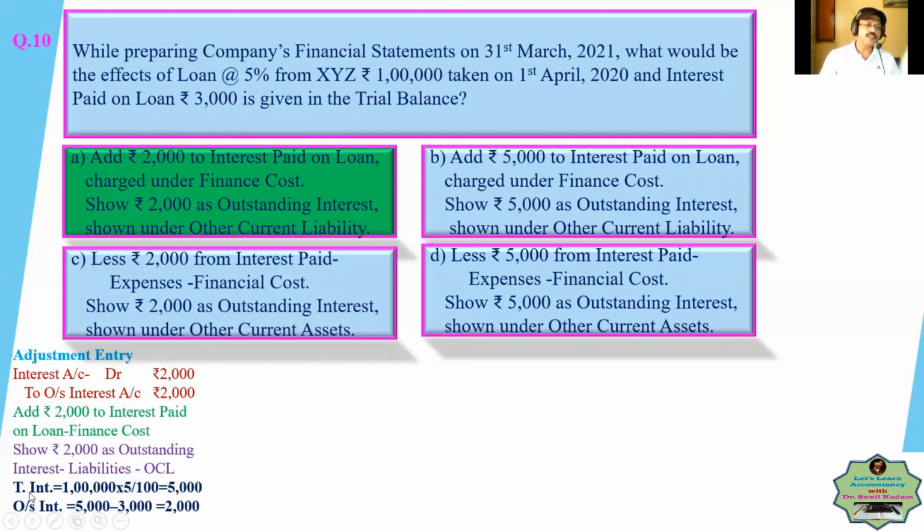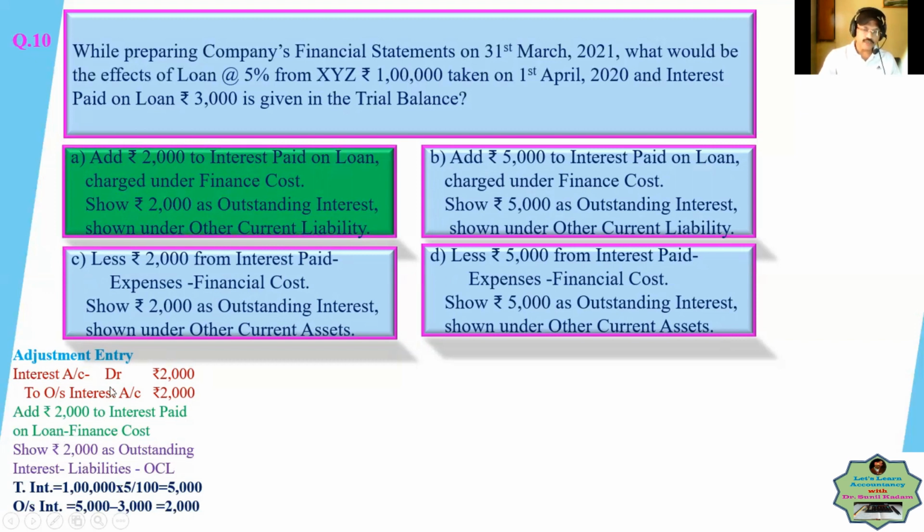So let's check it here. Total interest to be paid on 1 lakh at the rate of 5% is 5,000. But how do we calculate the outstanding interest? 5,000, out of which 3,000 is already paid, and 2,000 is yet to be paid. That is outstanding. Therefore, the adjustment entry will be: interest account debit to outstanding interest account, rupees 2,000 each.